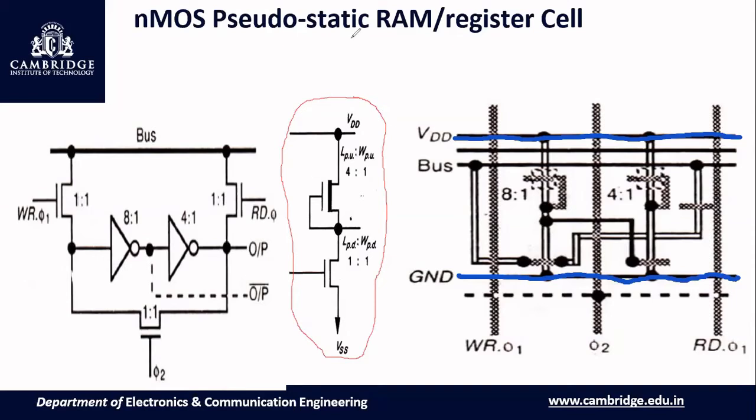So let me explain how to draw the stick diagram for the inverter. You have an idea how to draw the stick diagram, no? Fine. So first, I'll draw the diffusion path. You can see here, this is diffusion, this is diffusion.